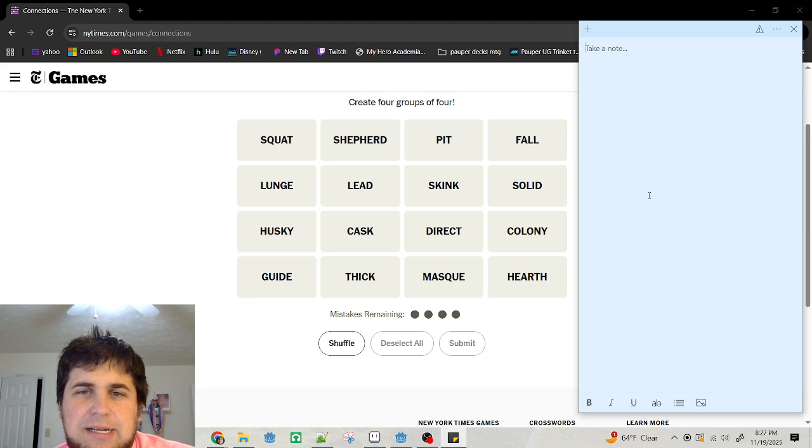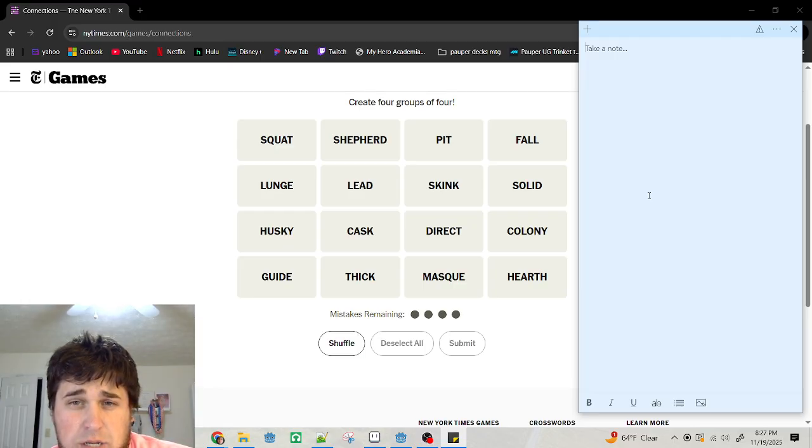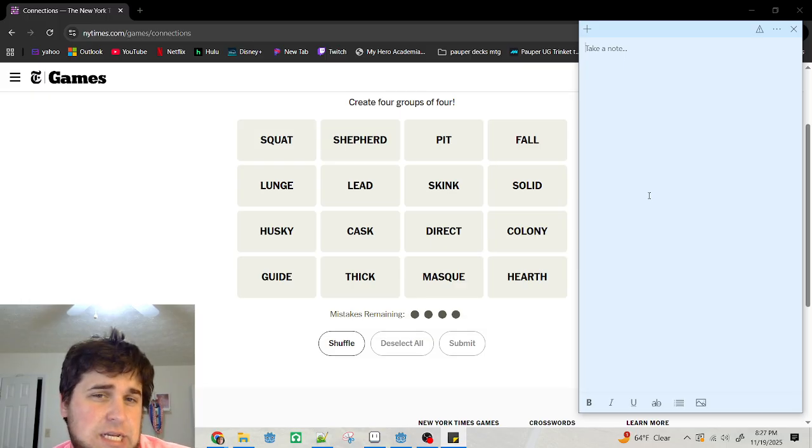Guide, lead, hearth, place of warmth, a home, hearthstone. Any other stone things in here? Could that be lead instead of lead? Cask.